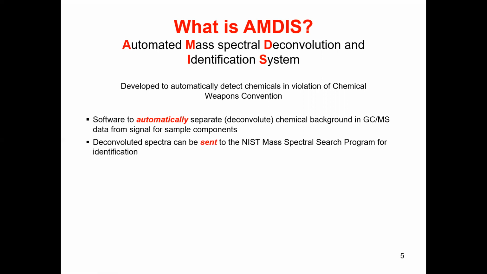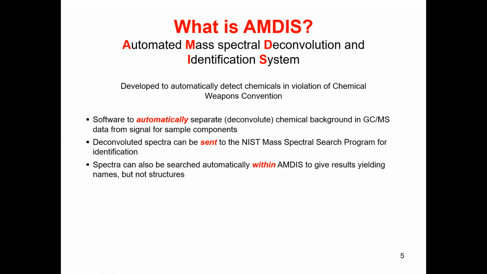Deconvoluted spectra can be sent to the NIST mass spectral search program for identification externally, like we discussed in the first 2 sessions. But spectra can also be searched automatically within AMDIS to give results yielding names, but not structures. But it's still a very valuable thing, and I'll show you how to do that also. The software can be used to automatically find targeted species.